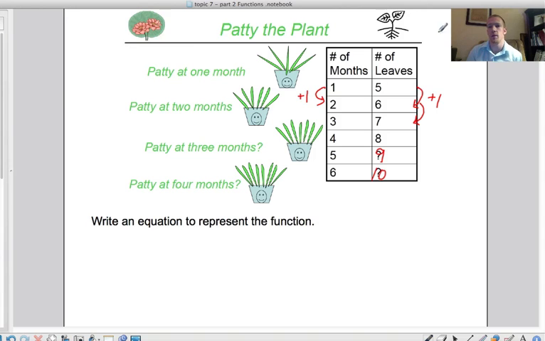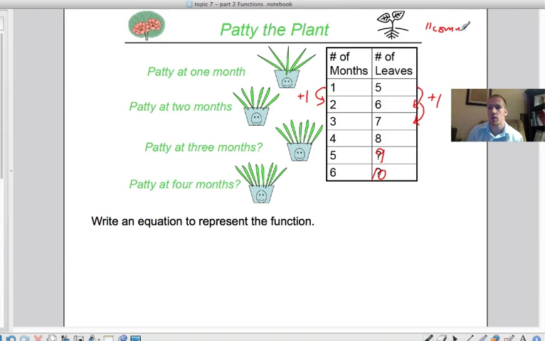Figure out your common difference. And that would be a 1. So your function is always going to be y equals the common difference times x plus your 0 number.